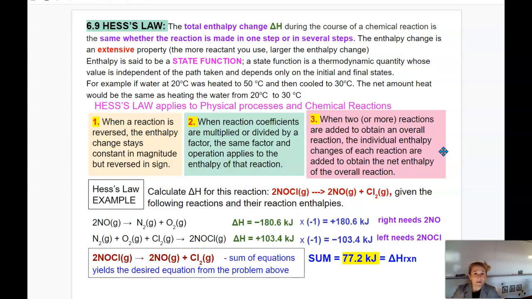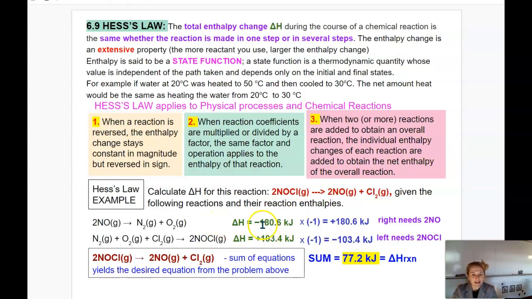Now, one step could be exothermic and one step could be endothermic, and so we just have to watch which was greater, and that makes our net enthalpy for the net reaction. And we're going to take a look at that right here.